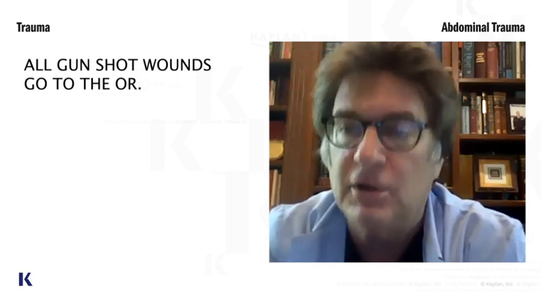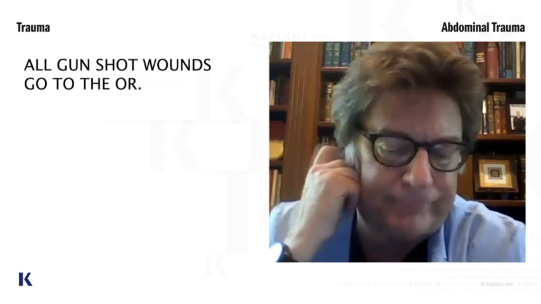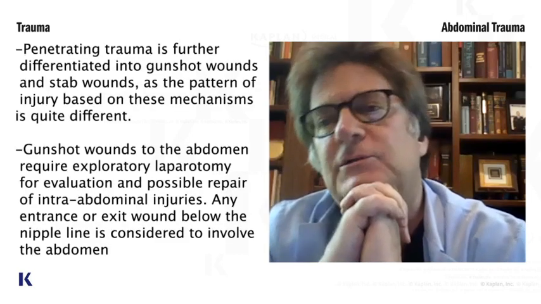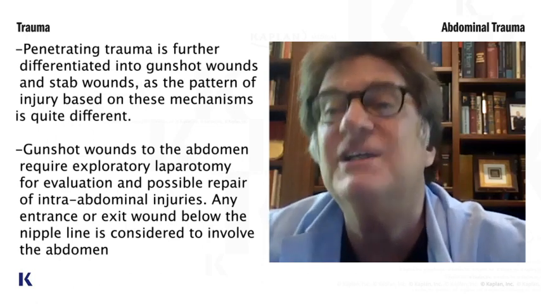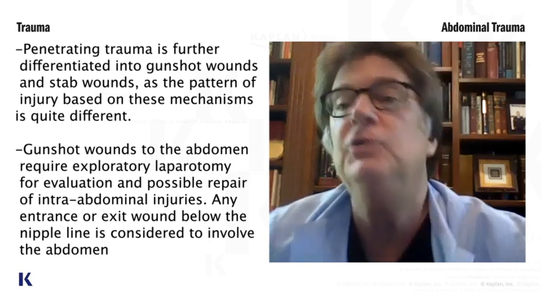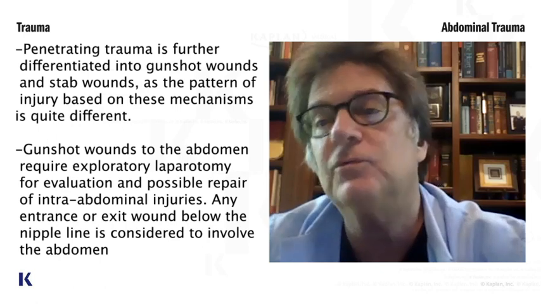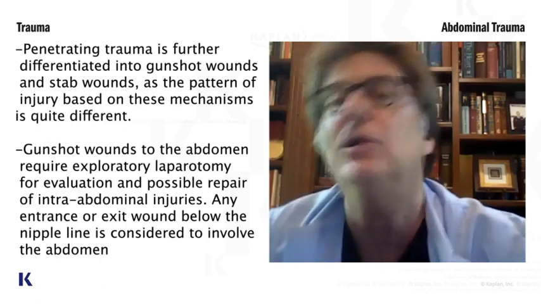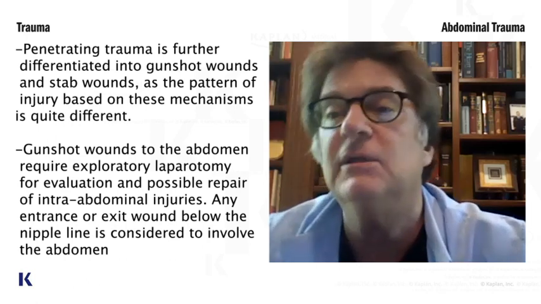Period, period, period. Why? Well, the problem is that you don't know where the bullet goes inside. Meaning, you could have an entrance wound and an exit wound, and it looks like it didn't go in a significant area in the belly.